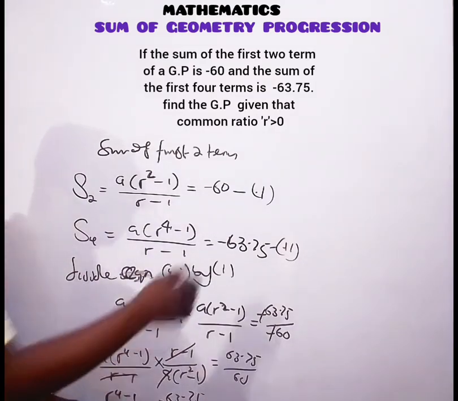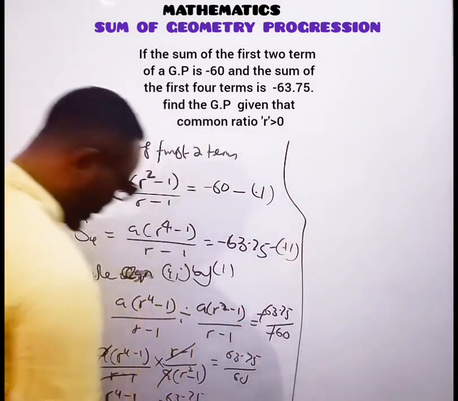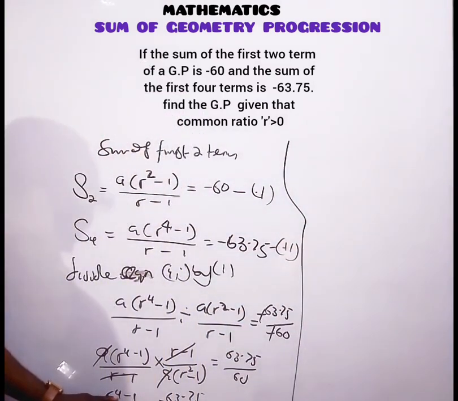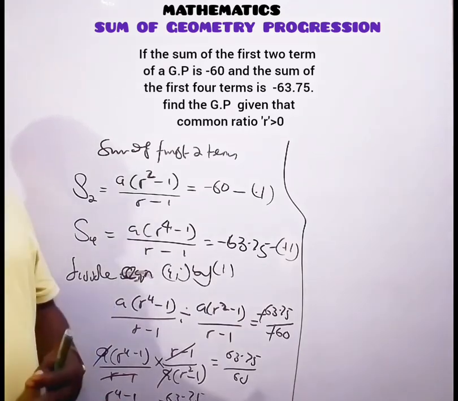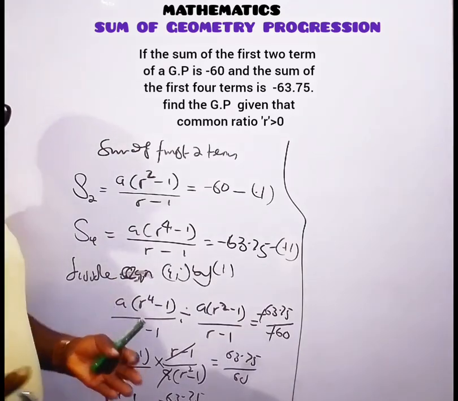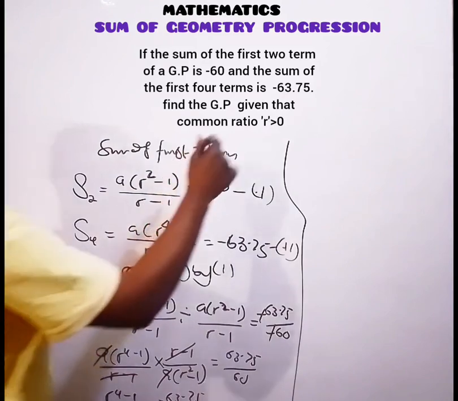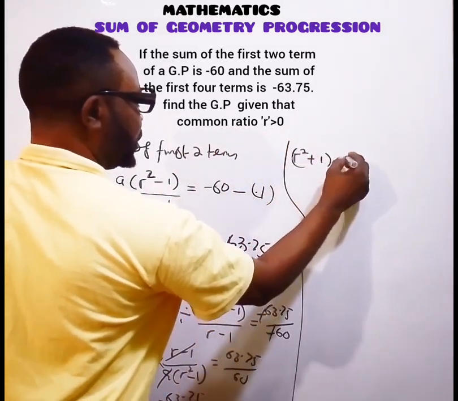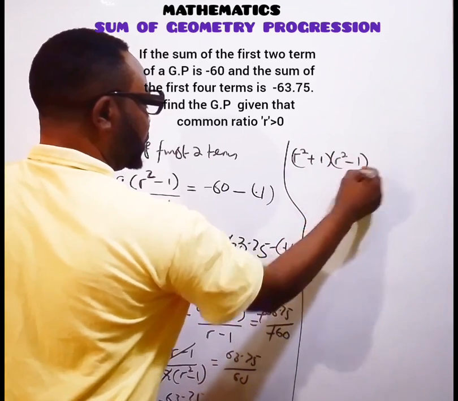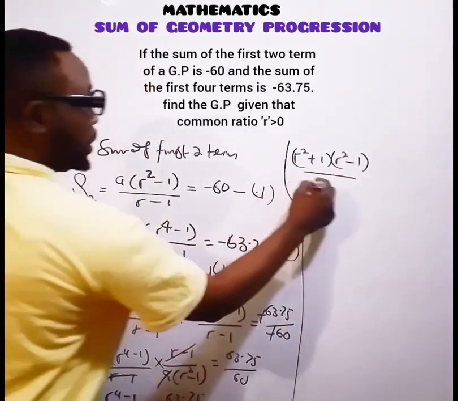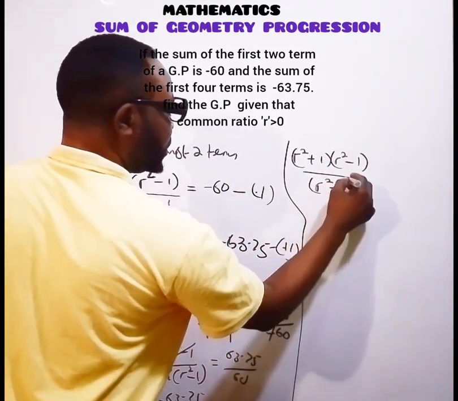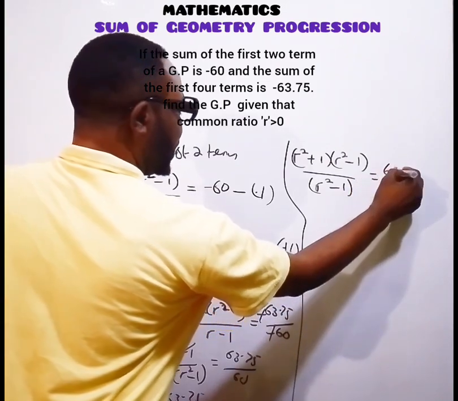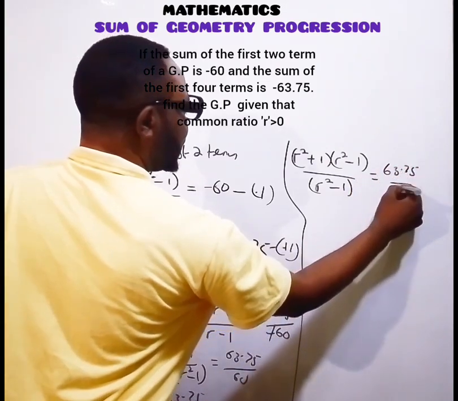Now, from here, I can say that this value is r to the power 4 minus 1. I can find its perfect square by saying it's going to be (r^2 + 1)(r^2 - 1) over (r^2 - 1) is equal to 63.75 over 60.